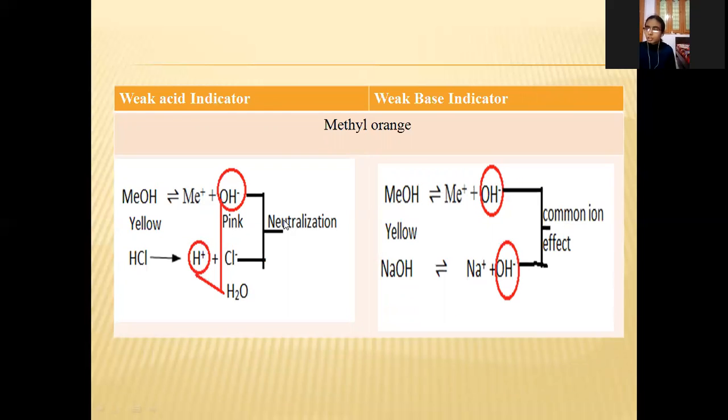So the neutralization reaction will occur. So the yellow color will change to pink color when methyl orange is dissolved in the hydrochloric acid. But in case of the base, when methyl orange is dissolved in the strong base, here OH, OH are common. So the common ion effect is formed. There won't be any color change.